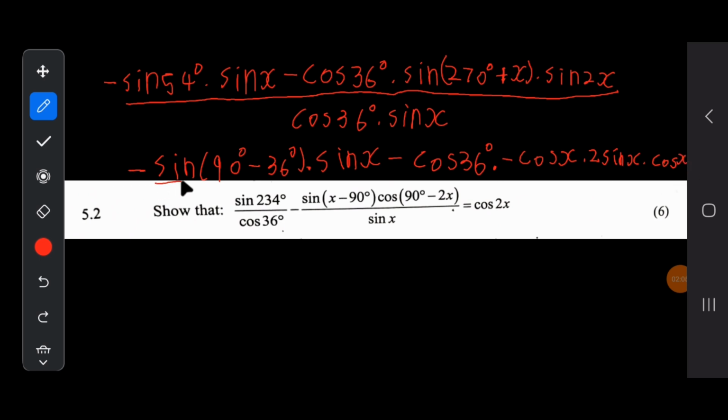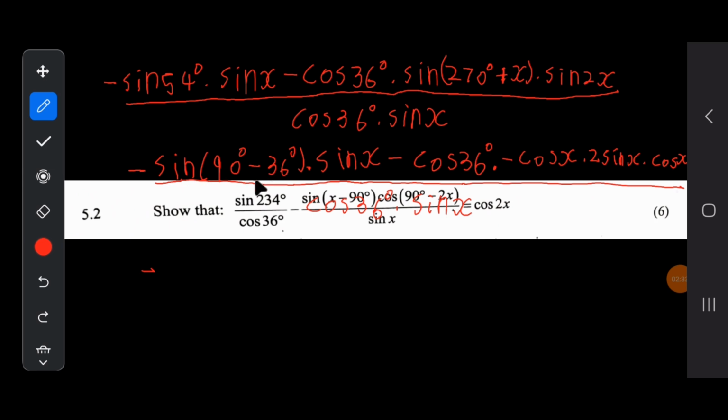All over the same cos 36 times sine x. So we write cos 36 degrees times sine x. So sine 90 minus, I told you, whenever we see a 90, we know that our ratio changes to another thing. If it's sine, it changes to cos. If it's cos, it changes to sine.